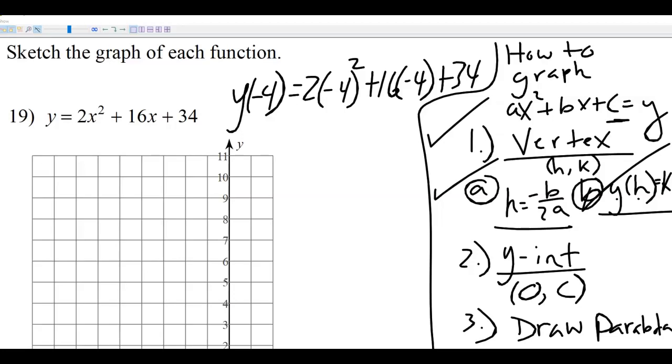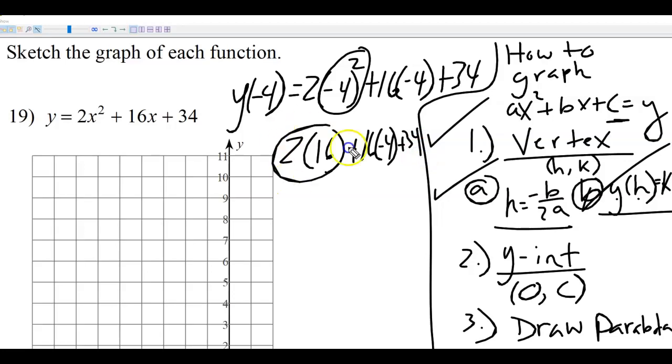All right. So when you're doing this, you have to remember order of operations. You do your power first. So negative 4 to the second power is 16. And then we go ahead and do our multiplication.